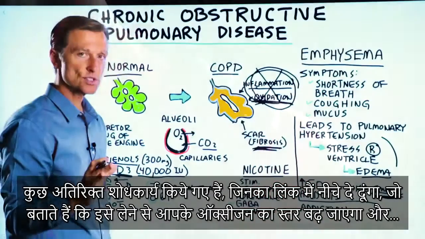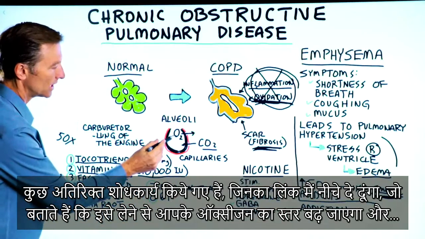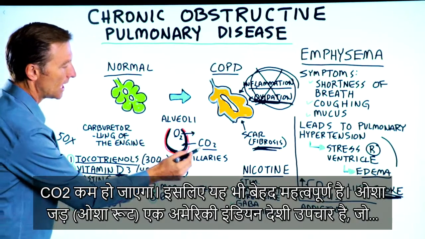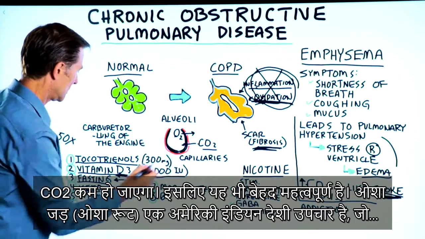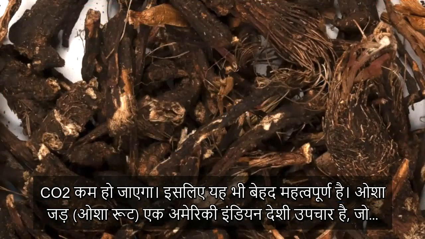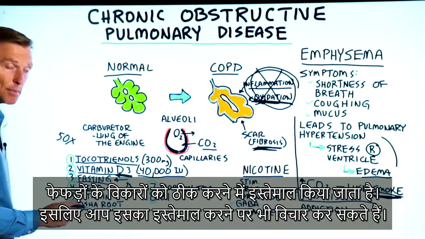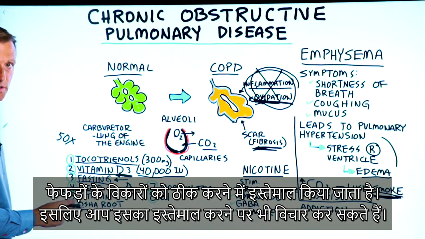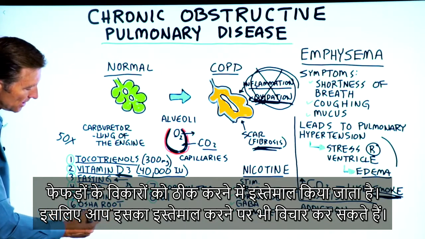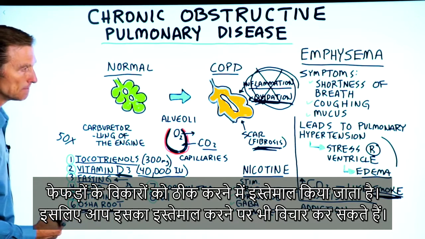And there's some additional studies, which I'll put down below, that show that it'll increase your oxygen and decrease the CO2. So this is very important as well. Osha root is a Native American Indian remedy for lung disorders. So this is another great thing to consider.